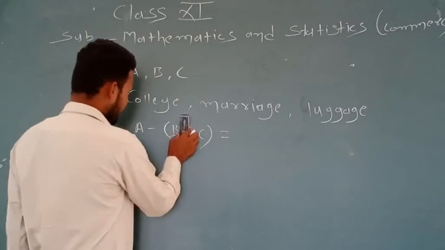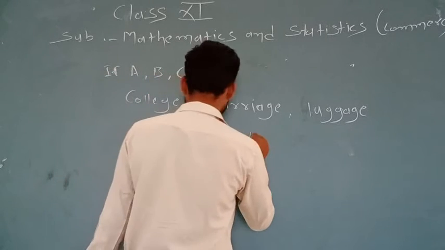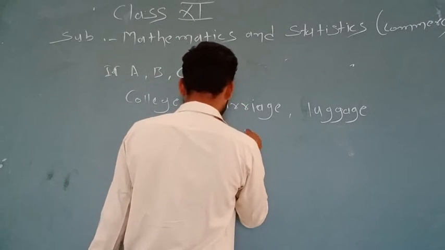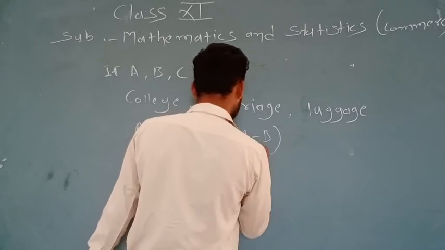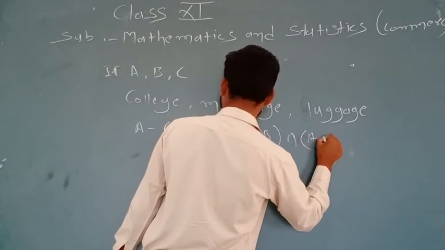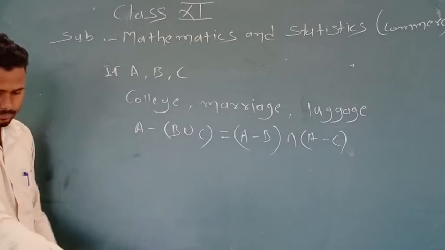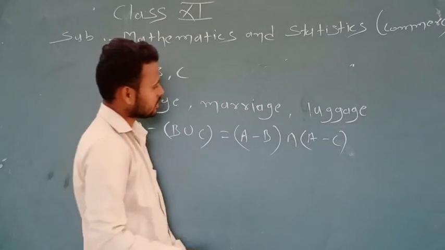Then verify that A minus B union with C is equal to A minus B intersection with A minus C.